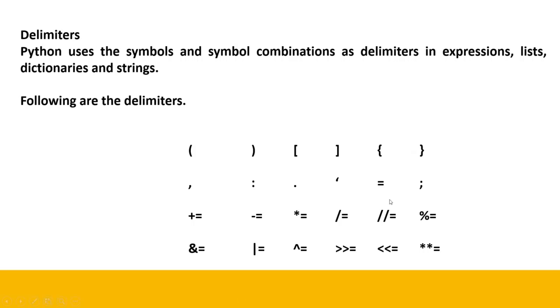These are the delimiters used in Python. When we write an expression in Python, we use these symbols in order to show a string or in order to express the dictionaries.